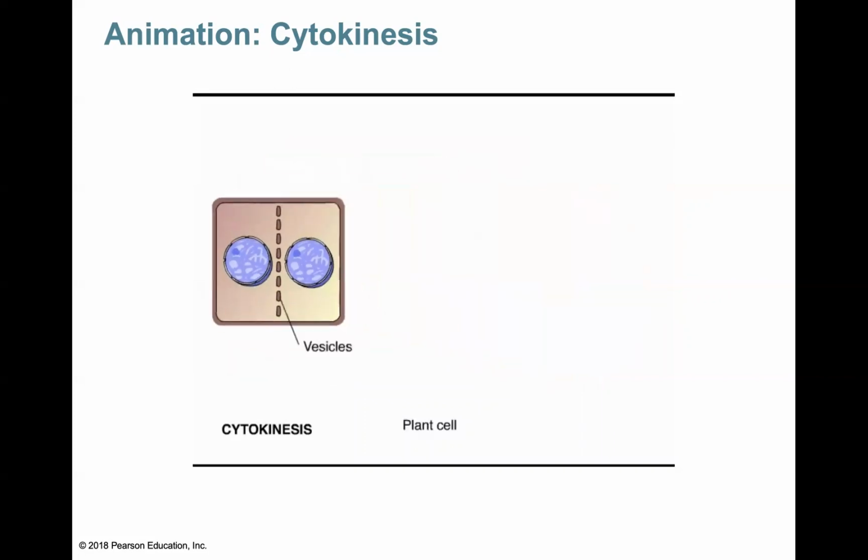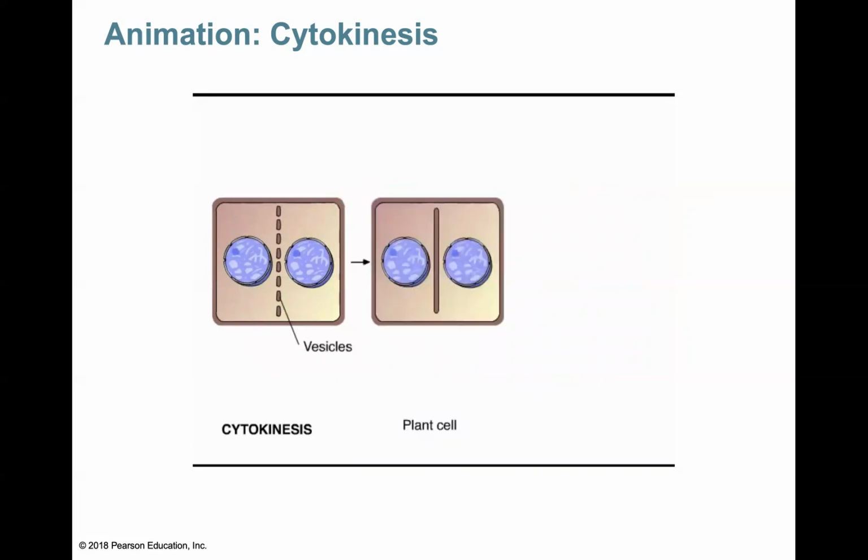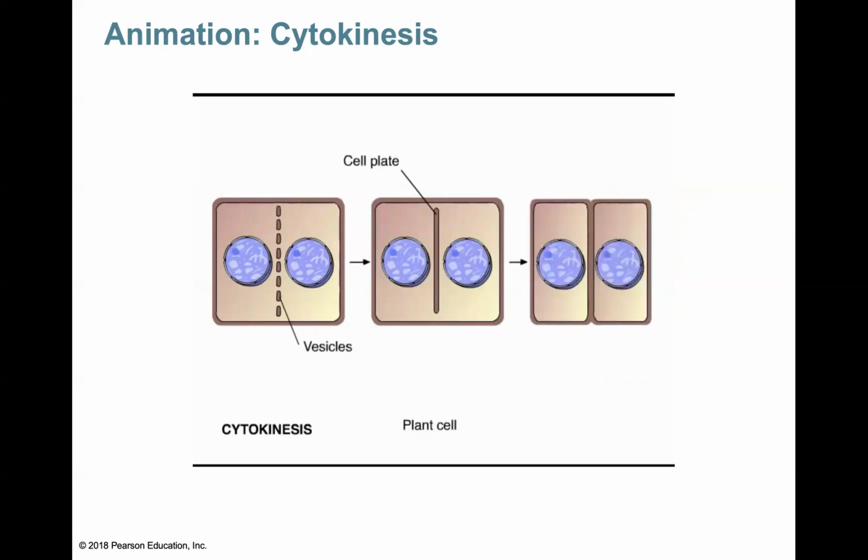The vesicles fuse, forming a large sac called the cell plate. The cell plate grows outward until its membrane fuses with the plasma membrane, separating the two daughter cells. The cell plate's contents join the parental cell wall. The result is two daughter cells, each bounded by its own continuous plasma membrane and cell wall. Nice animation here.